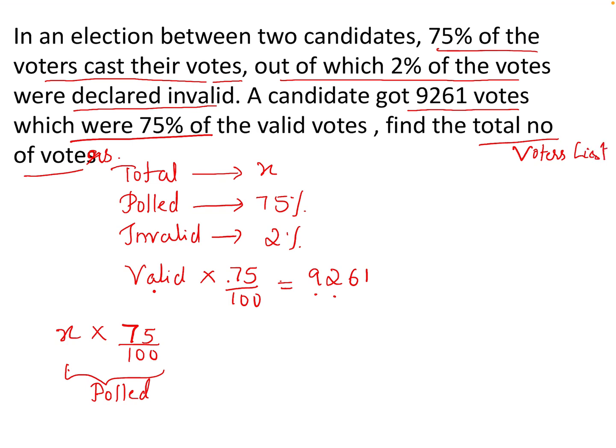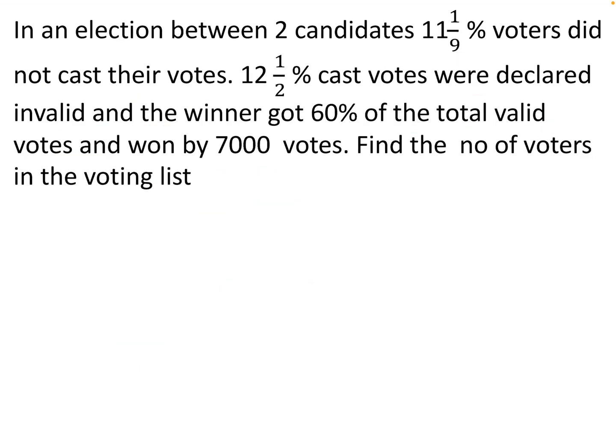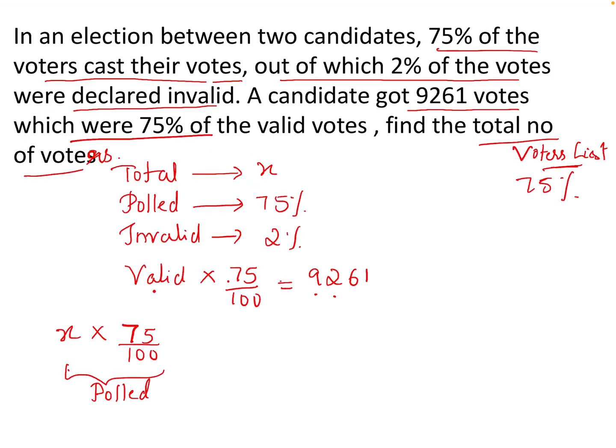It is not necessary that all voters in the list should vote, isn't it? From this voter list, only 75% of people are giving their votes. So if X is the total number of voters, 75% of total voters are casting their votes. So X into 75% will give us polled votes.